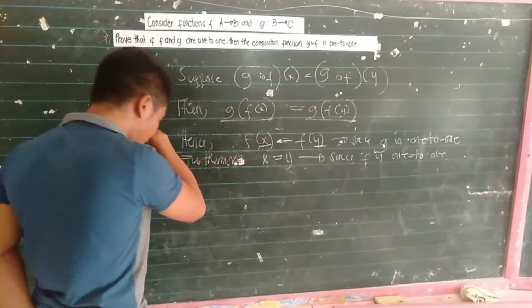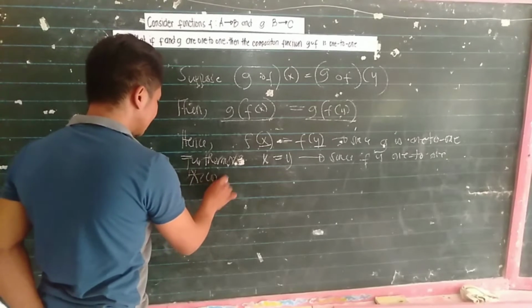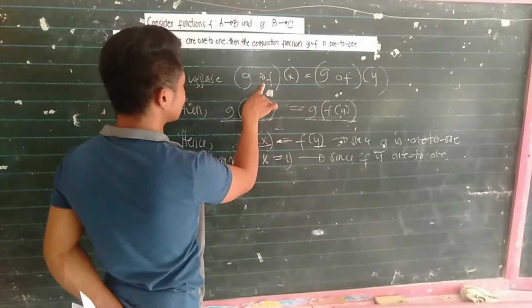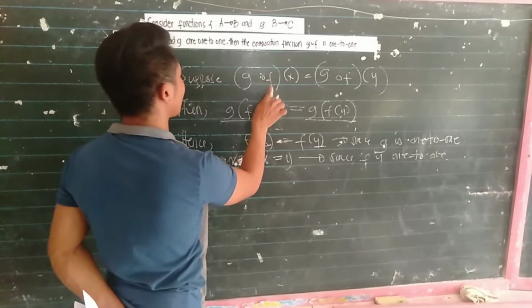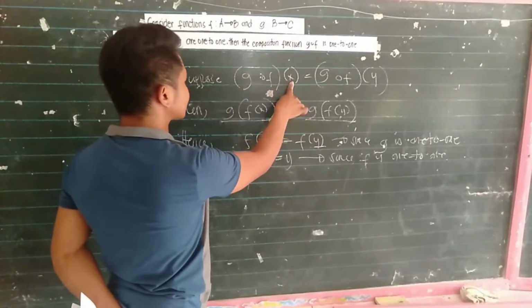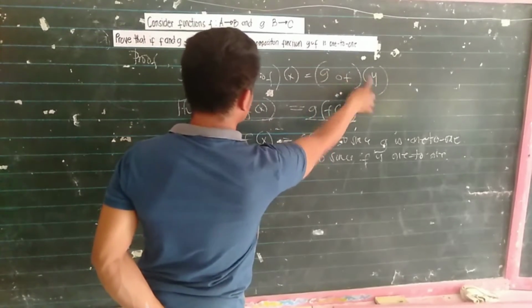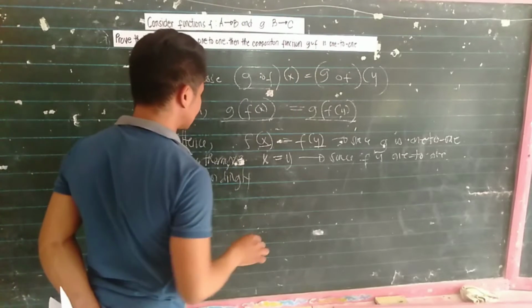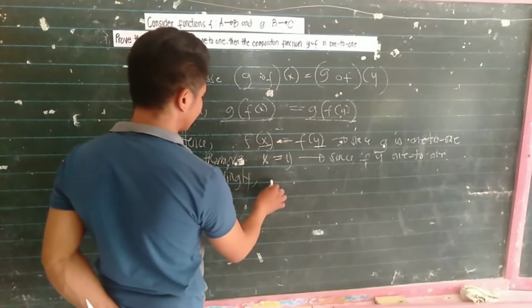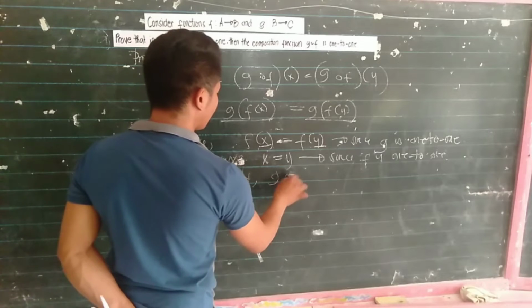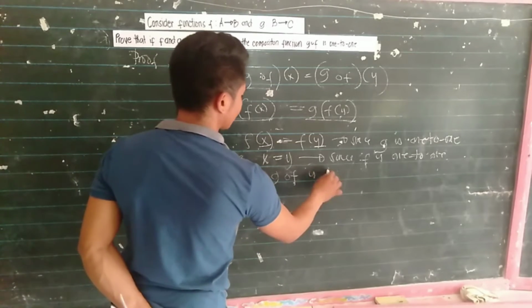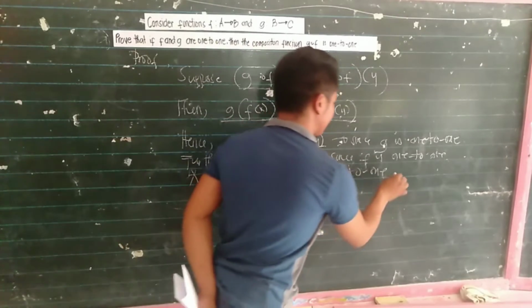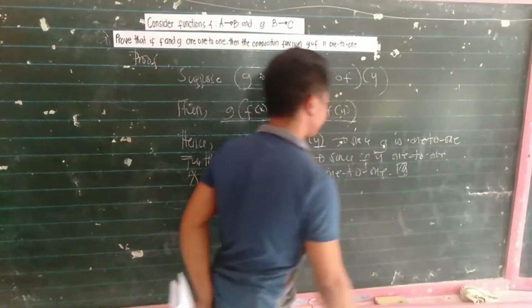So then, accordingly, g composite f is one-to-one. This is the end of the proof.